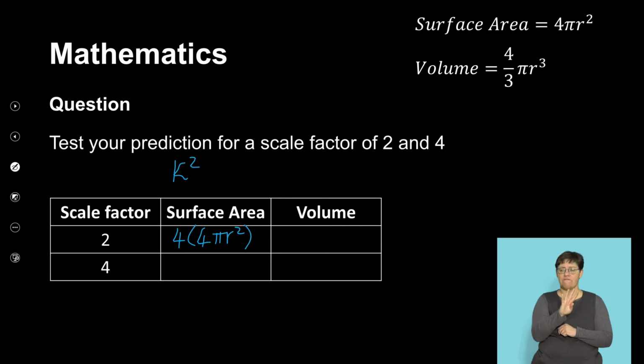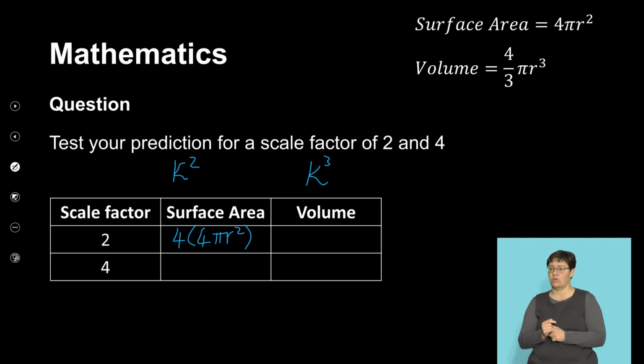So I want to see if my theory is going to be correct. Then I'm going to test my theory to see if my scale factor cubed multiplied by the original volume is the new volume. So 2 cubed is 8.